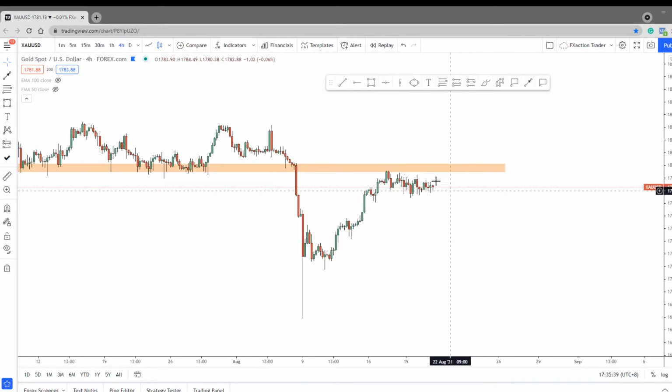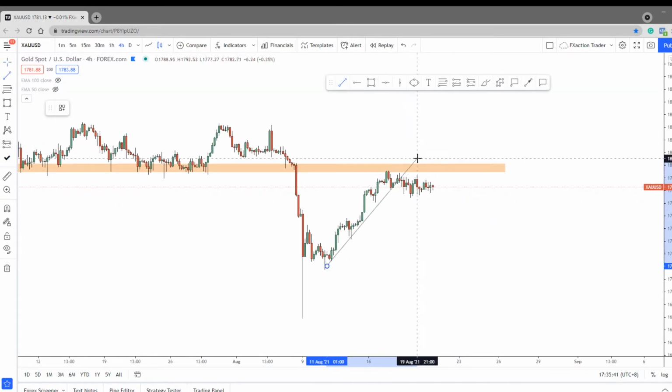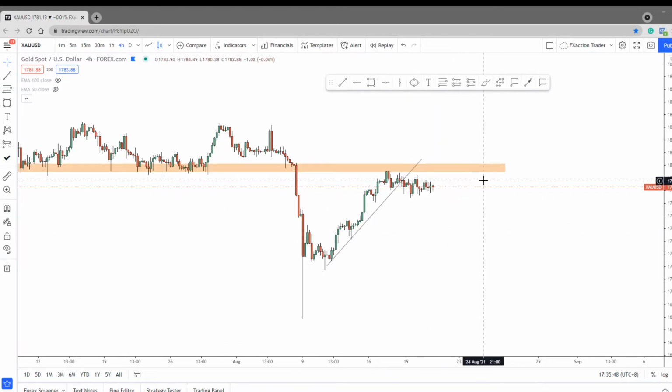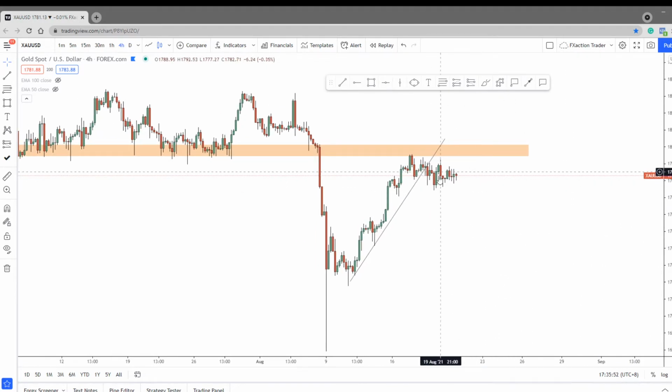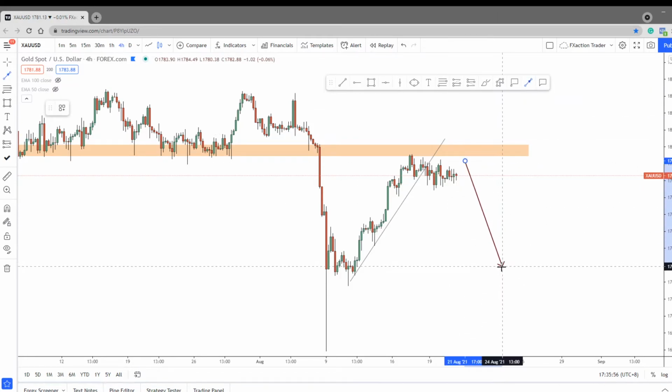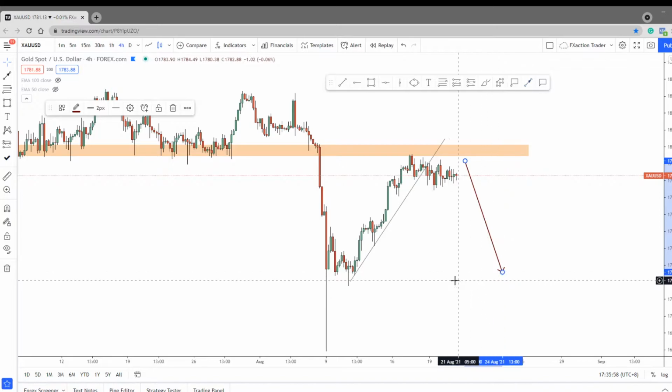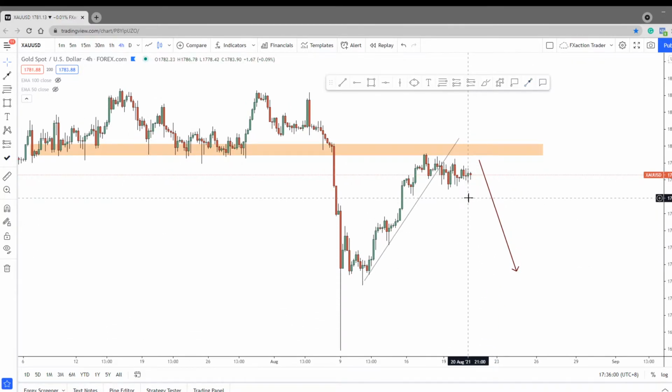In other words, market has been showing us multiple confluences or multiple confirmations that the current market trend is more likely a sell trend instead of a buy trend. This week, we can scale in to look for a short trade with the final target at 1725, which is the previous low of this entire market structure.